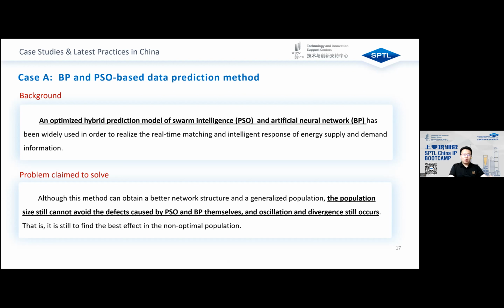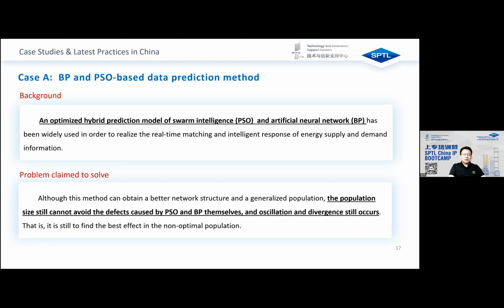PSO, with full name being particle swarm optimization, is one of the bio-inspired algorithms, and it is a simple one to search for an optimal solution in the solution space. Okay, let's come back to this case.